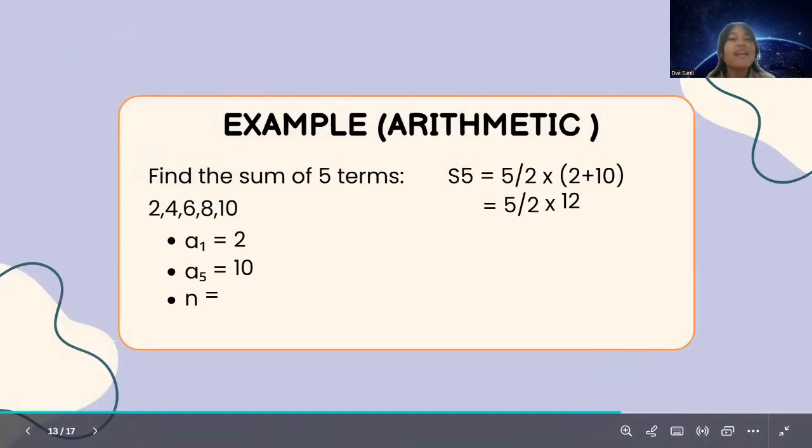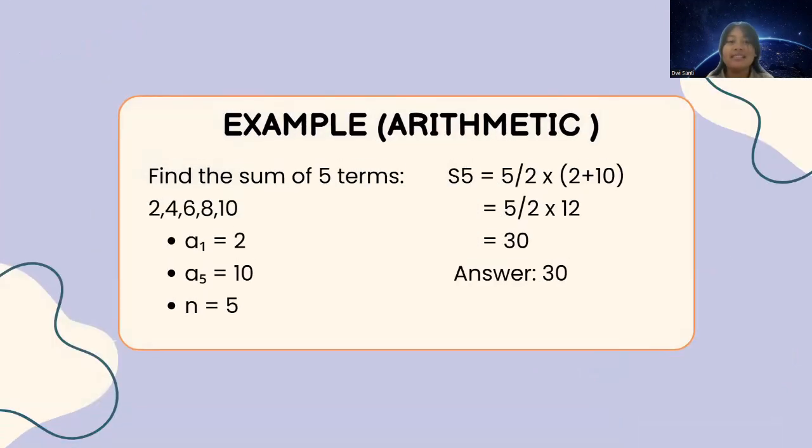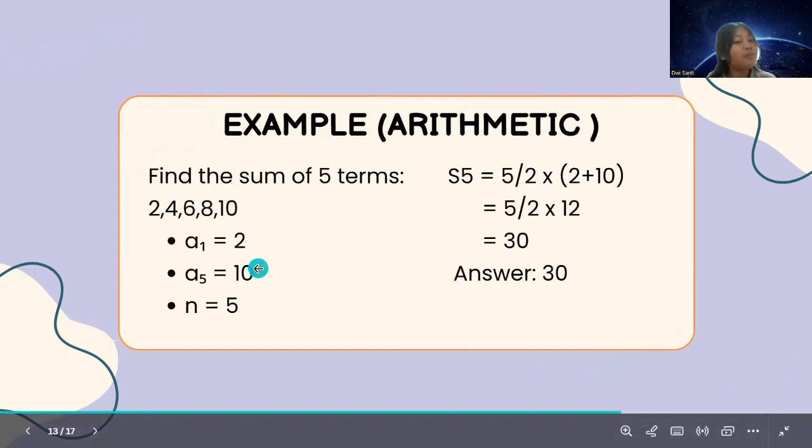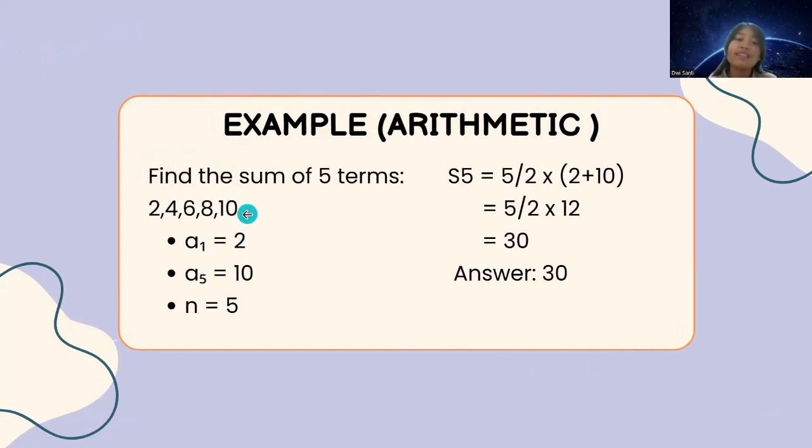And next, example arithmetic series. Find the sum of 5 terms: 2, 4, 6, 8, 10. Step: a1 equals 2, U5 equals 10, and n equals 5.